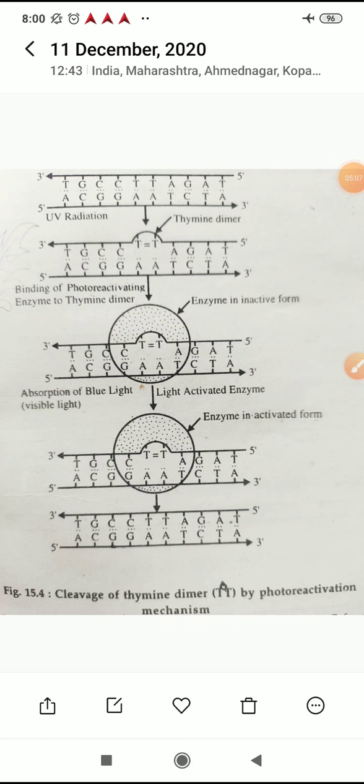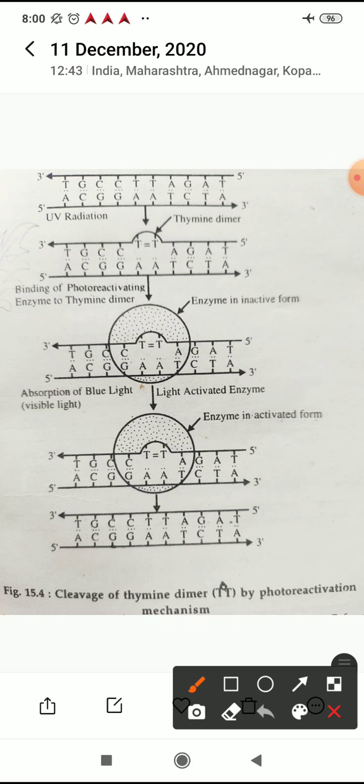The another method of DNA repair is photoreactivation. We have seen related to the SOS in brief. Now photoreactivation, also called as a photo repair. So how it happens, that is shown over here in this diagrammatic figure.